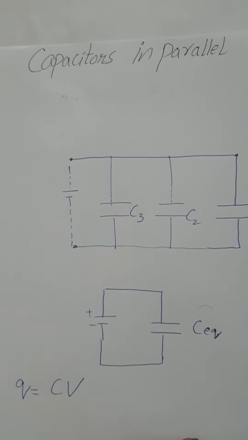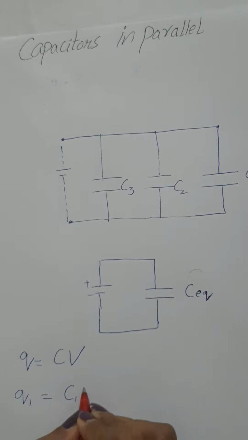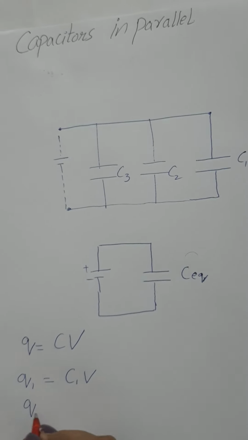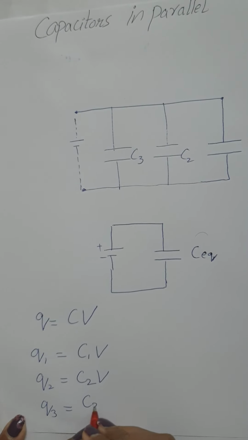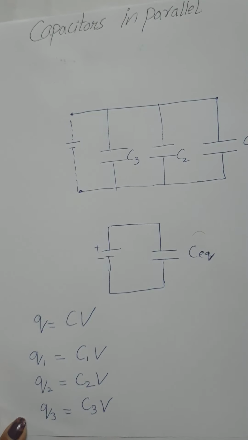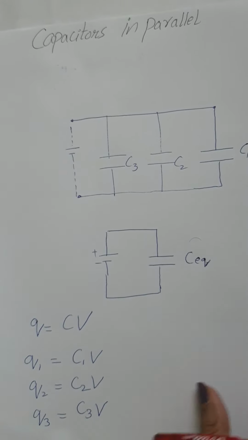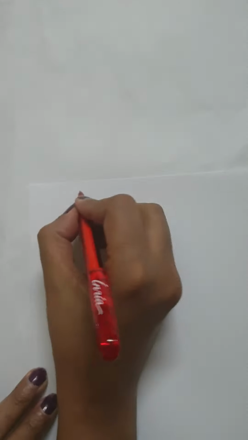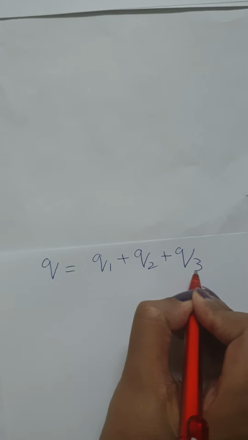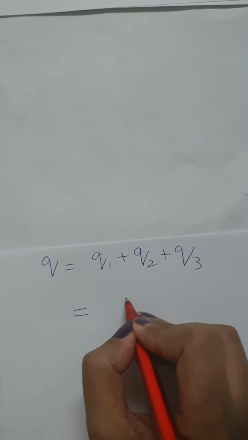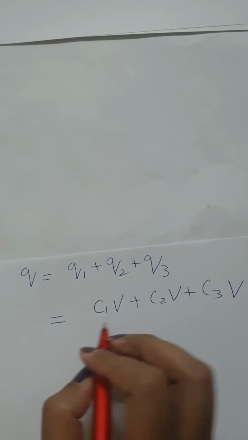The charge on actual capacitor 1, the charge on capacitor 2, the charge on capacitor 3. So the total charge on the parallel combination becomes Q, and it is equal to Q1 plus Q2 plus Q3, and that is C1V plus C2V plus C3V.